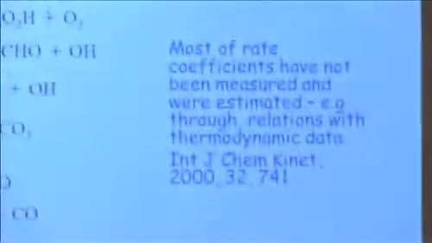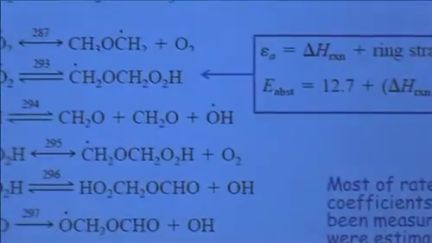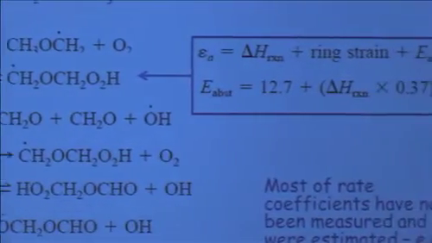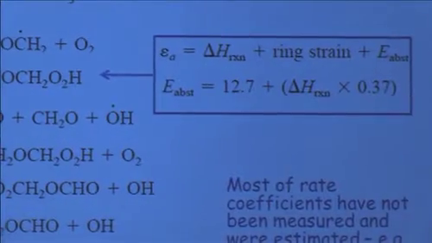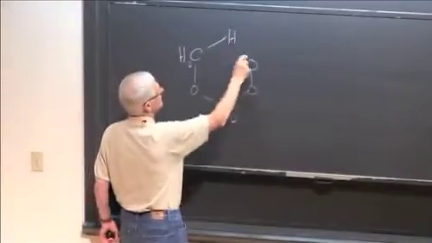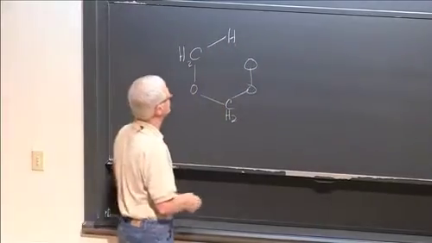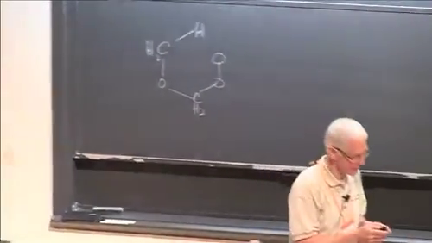And then this is finally the abstraction energy, which is based on a wide range of measurements for a whole range of systems of the ease with which this hydrogen atom is abstracted from this carbon atom by this peroxy group.